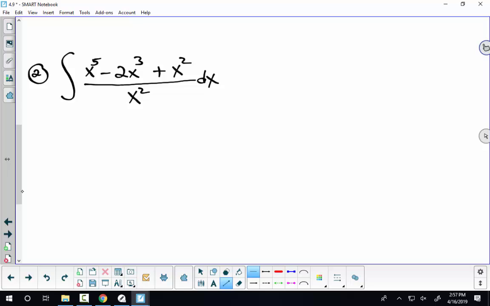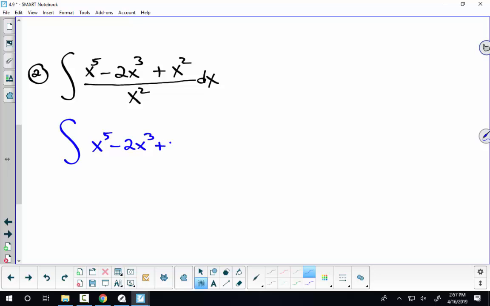Okay, how about the antiderivative of this function? What do we do here? I'd use the power rule, so I'd make it x to the negative 2. Okay, so here's the thing. If we rewrite this as x to the 5th minus 2x cubed plus x squared times x to the negative 2, is that what you mean?